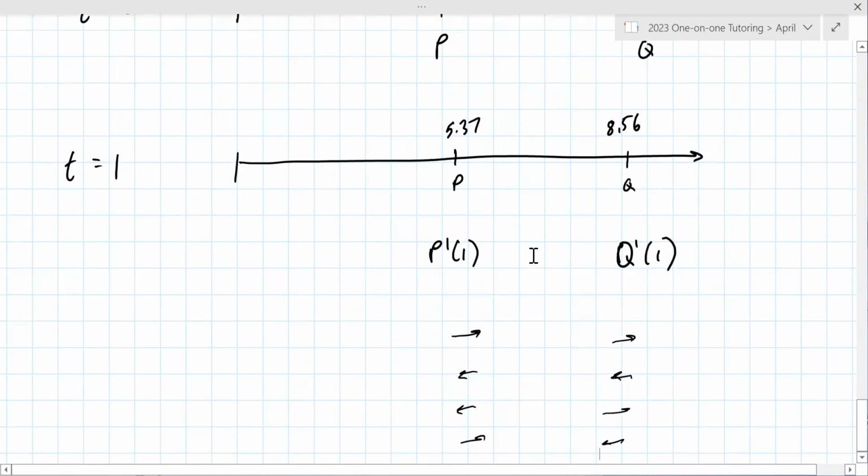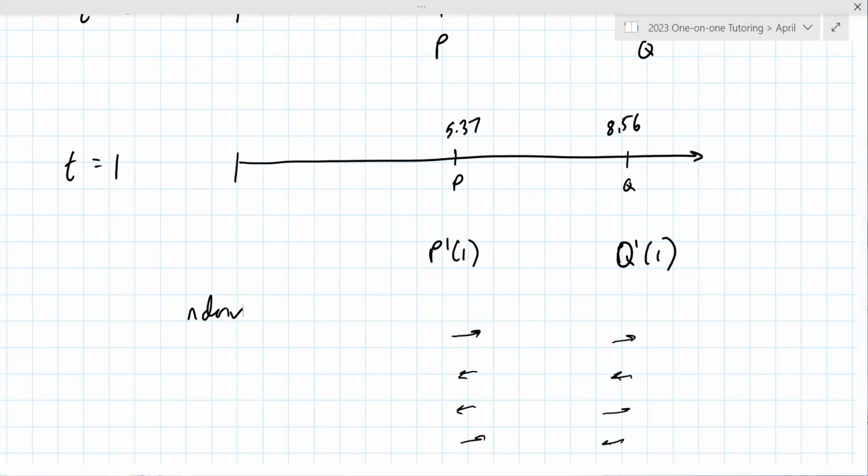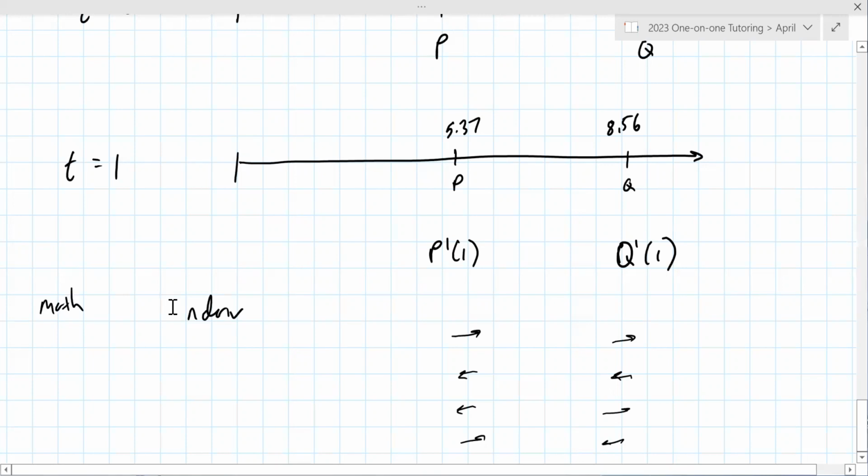So you want to do an nDeriv. You've probably seen that on your calculator. The numerical derivative, under Math, number 8. You want to do an nDeriv for each of these at 1.